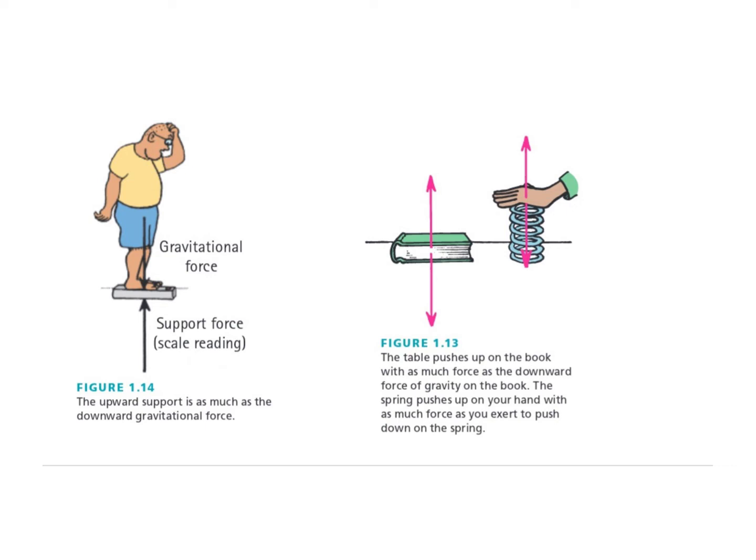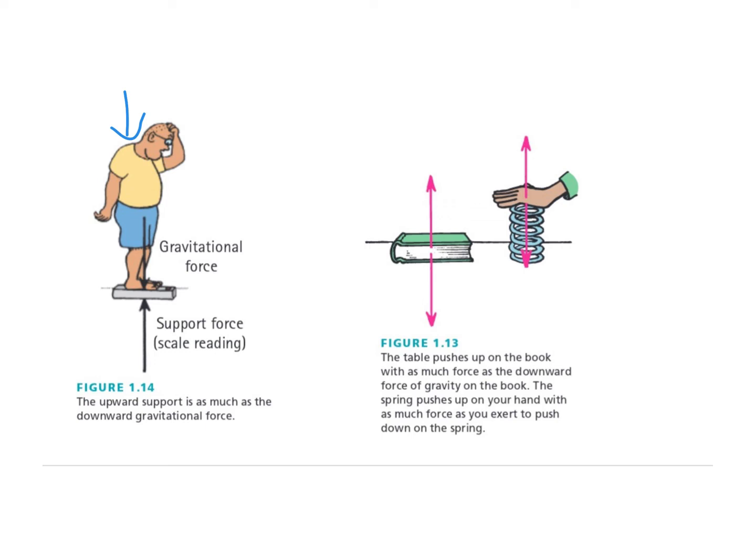But imagine if someone came up behind you and pushed down on your shoulders. What's going to happen to the reading on the scale? Obviously it's going to go up, because it would read the amount of weight that you have plus the amount of force that someone was pushing down on your shoulders with. And so the support force has to balance all the forces pushing down into the ground. And so that's what the scale actually reads.